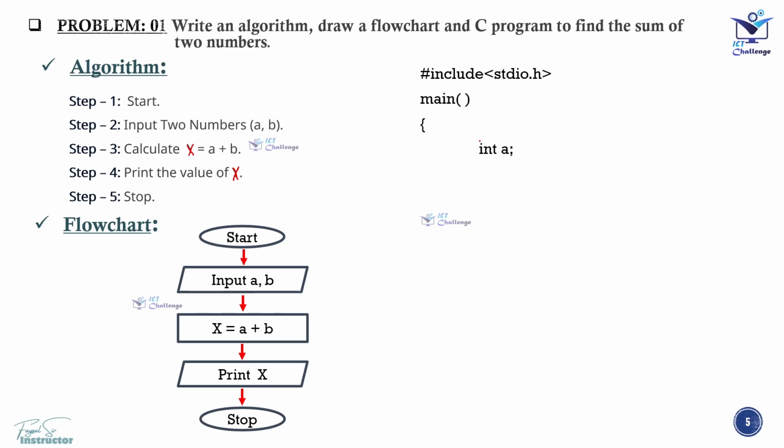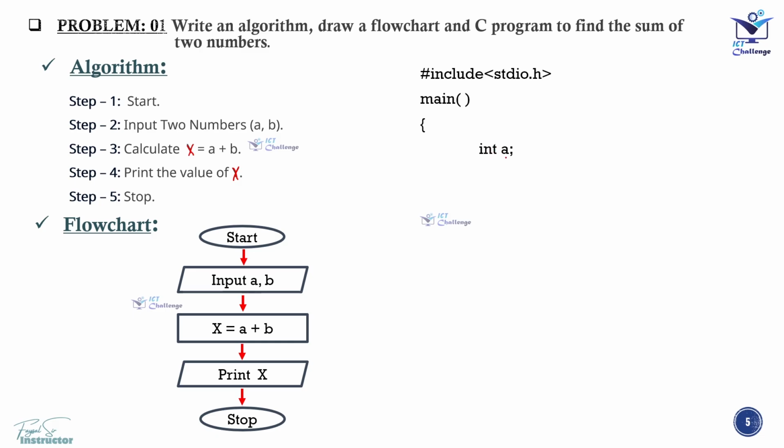So we start at first with int a, because for this calculation we need three variables: a, b and x. So here I write int a, that means we need a variable where we want to keep an integer type of value.